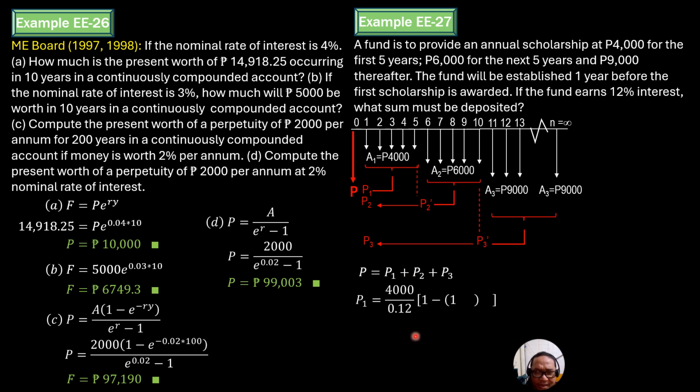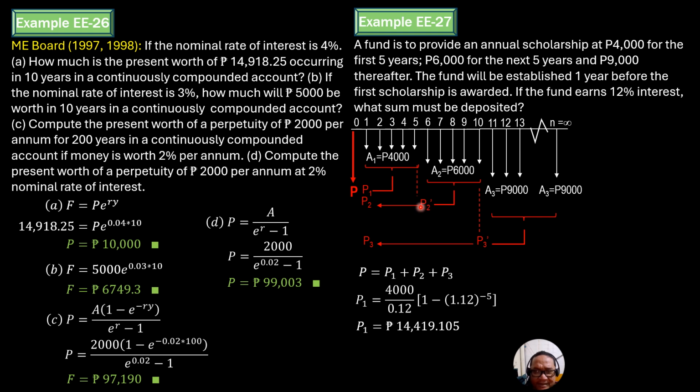So P1 equals 4,000 over 0.12, quantity 1 minus 1.12 to the negative 5. That's already present, P1. And that is equal to 14,419.105 pesos.